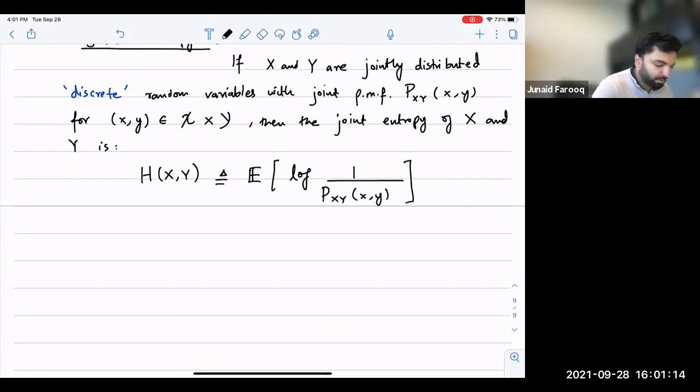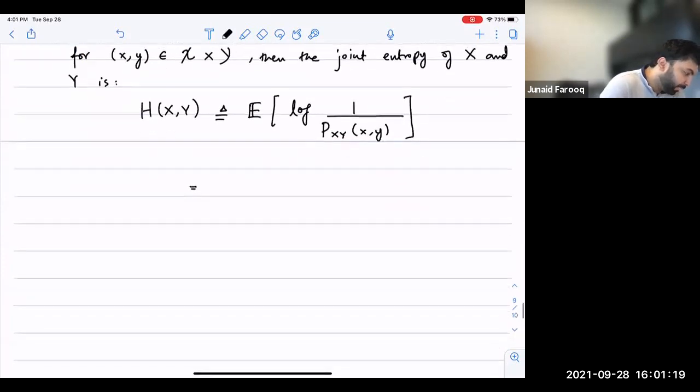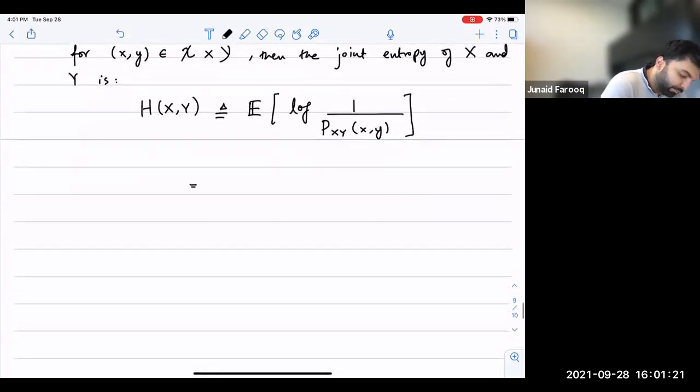Similar definition, but here the joint probability has two random variables, so the expectation is actually a double sum over both x and y.